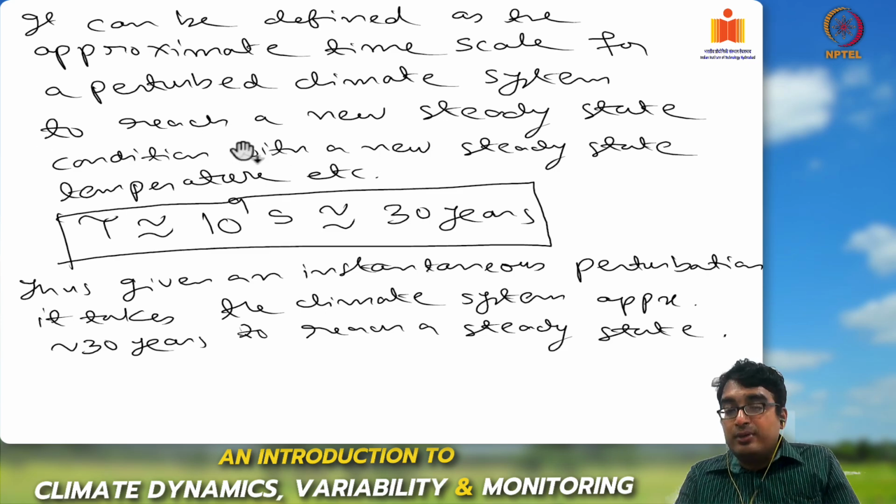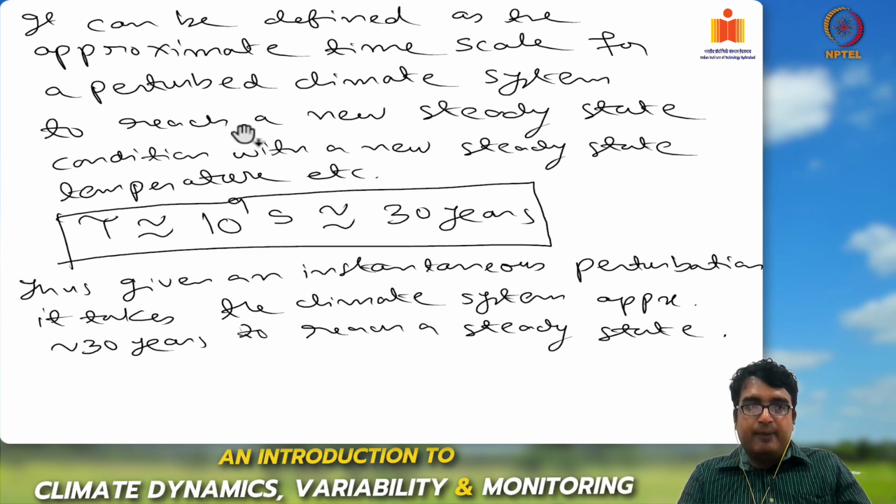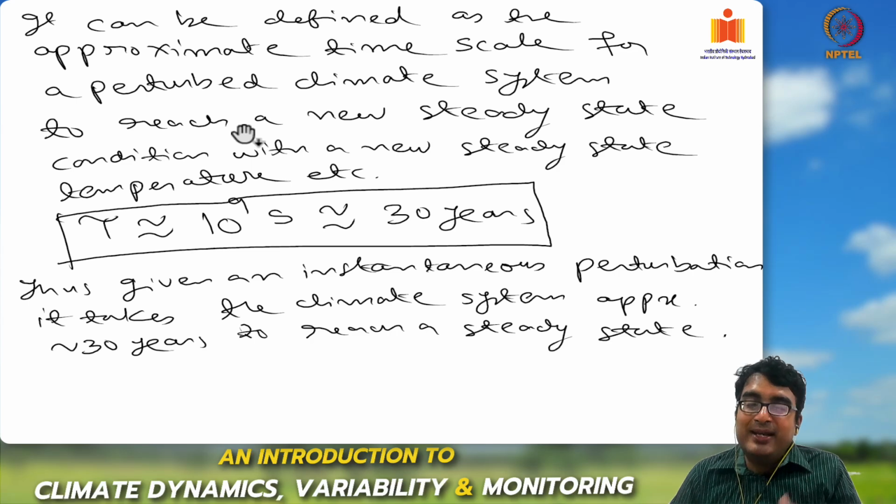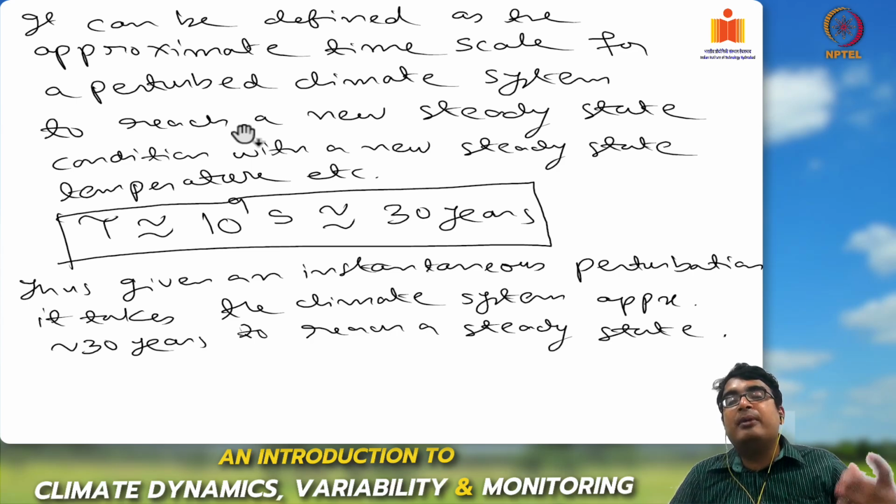This is also the reason why in the IPCC reports, for example, 30-year averages are taken, because we know, given our planet's various values and magnitudes, that the relaxation time or the feedback response time, the response of our climate system to a perturbation of a greenhouse gas concentration or any other forcing parameter, is approximately 30 years.